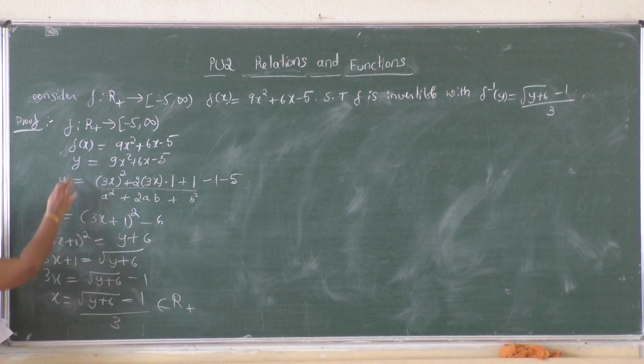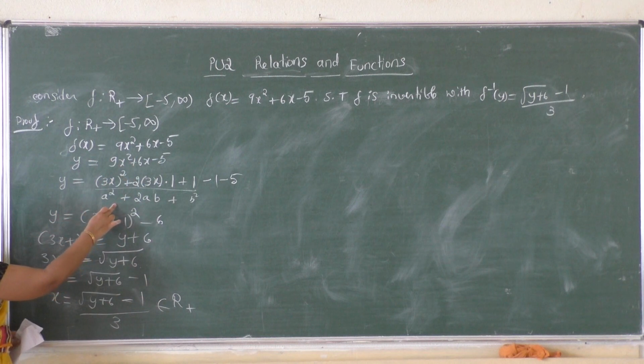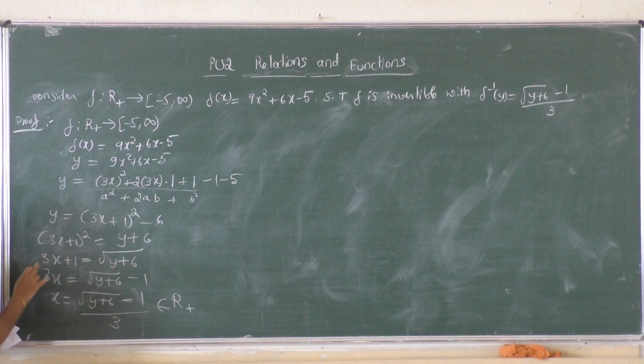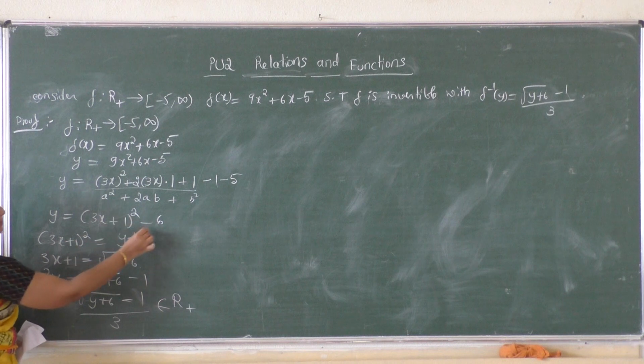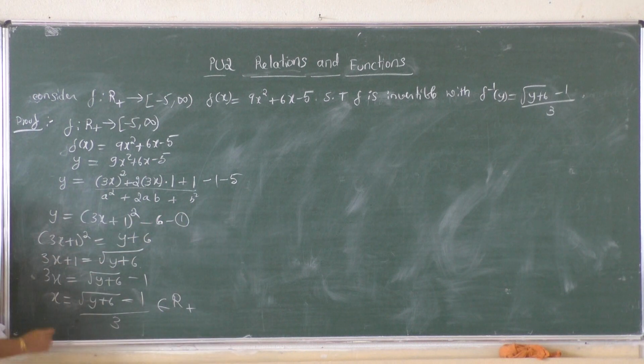Therefore f of x is y, that is quadratic. So after making it a complete square, we get y equal to 3x plus 1 whole square minus 6. Later we need this, so take it as 1. From this we get x equal to (root y plus 6 minus 1) whole divided by 3.